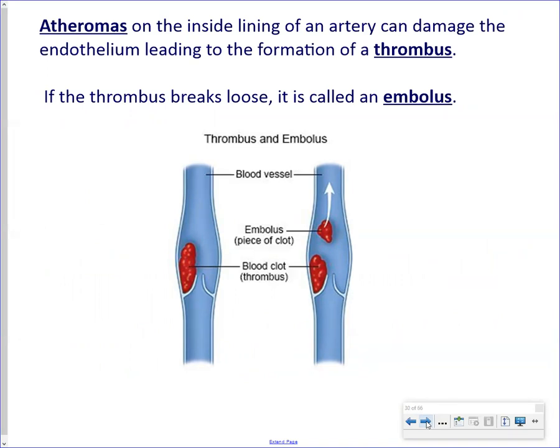Another issue can be that thrombus, that clot, normally stays put where it is. However, a piece of the thrombus can break loose and it can start to move around the body in the blood. And if it breaks off the thrombus, we call it an embolus. So a moving clot throughout the body is called an embolus.